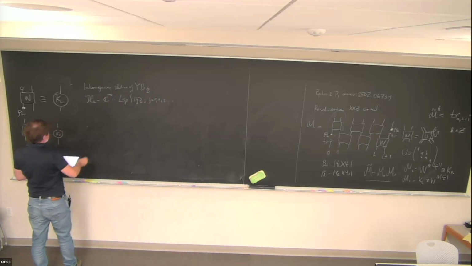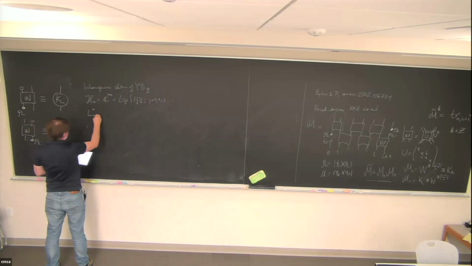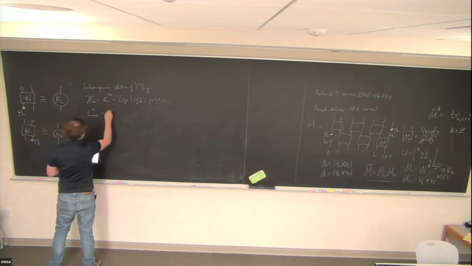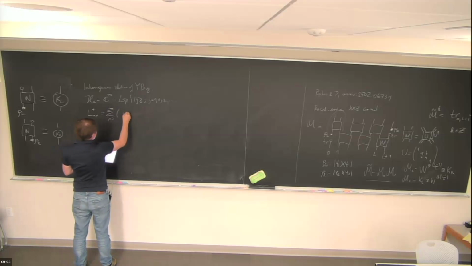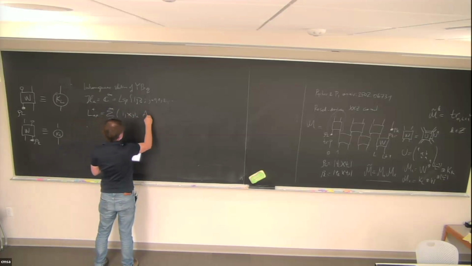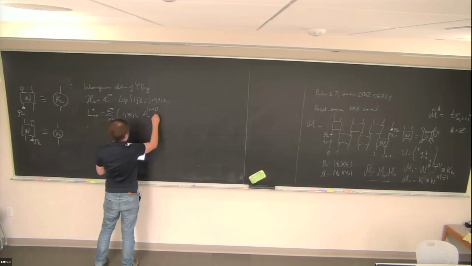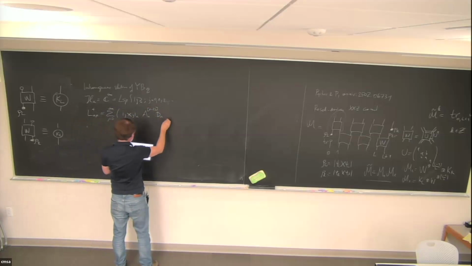So now we take two types of Lax operators. There will be L plus and L minus. So there is a diagonal part, and then there is a lower part.